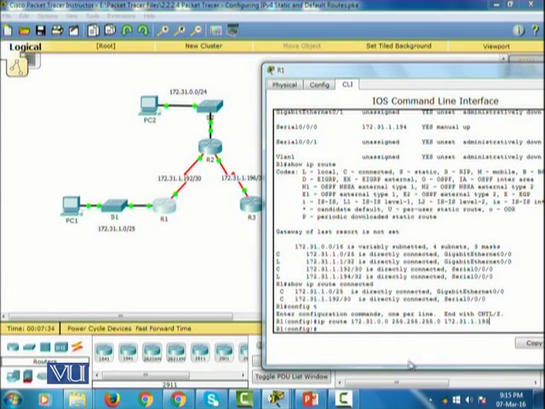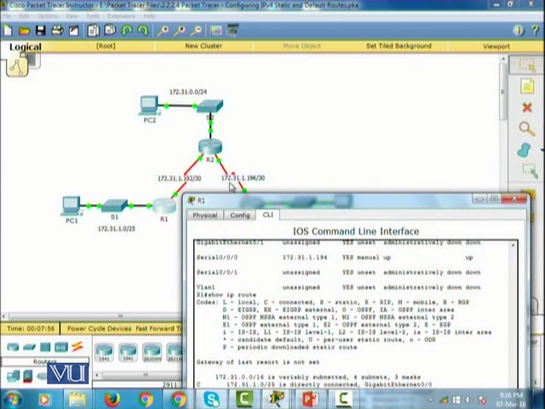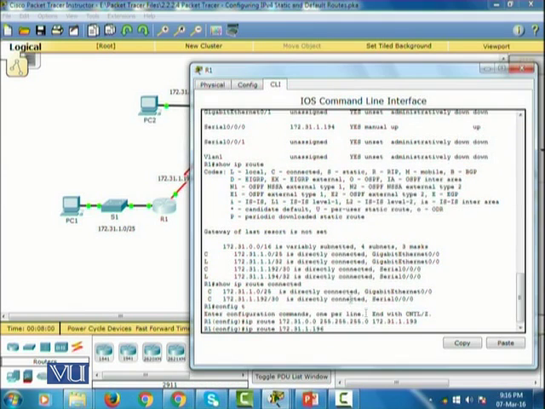Now I'm gonna add the second entry, IP route, about the second destination network address, which is 172.31.1.196. Which network is that? This one, you see my cursor? 172.31.1.196. This is the destination network address.